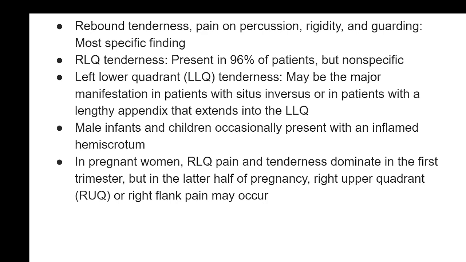So that McBurney's point and the right lower quadrant pain, we need to be very careful, though it's characteristically seen. Of course, in conditions like situs inversus, where the patients may have totally mirror image structures, the appendix may be on the left side and there could be pain felt on the left side too.